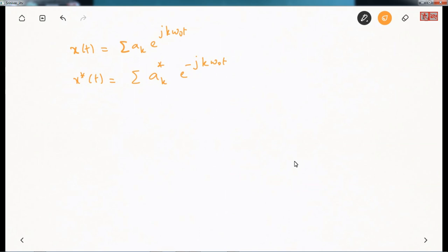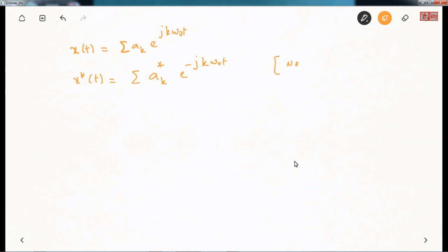You should always keep in mind that in the examples we did, the a_k were real, but it need not be the case. In general, a_k are complex. So whenever you take the complex conjugation of x of t, you should also take the complex conjugation of a_k, and also of e^(jk omega naught t).